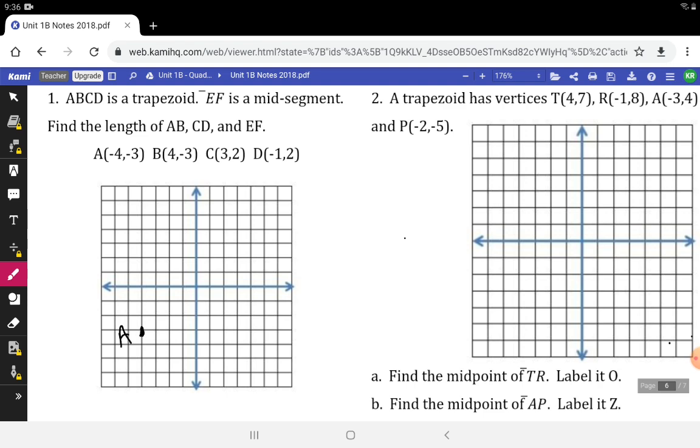So this is A, B is (4, -3), C is (3, 2), and D is (-1, 2). And then we will connect our lengths.